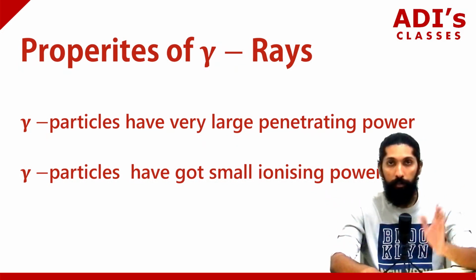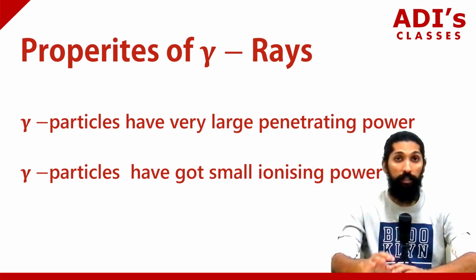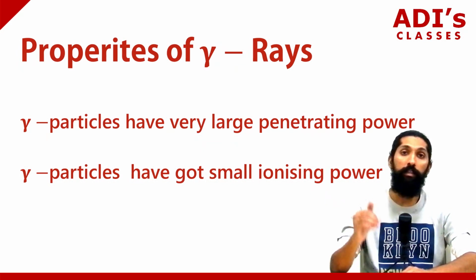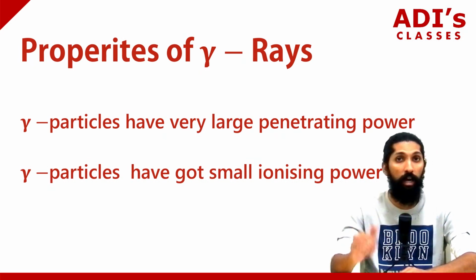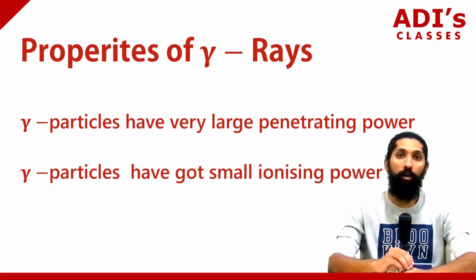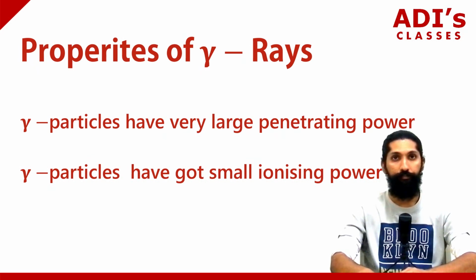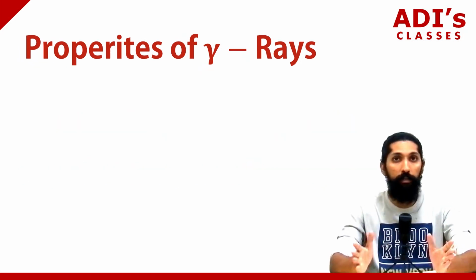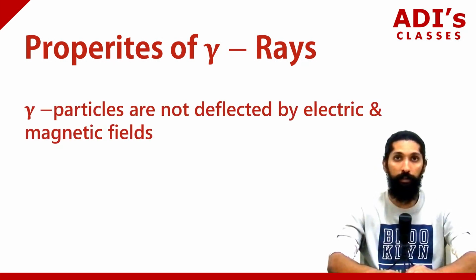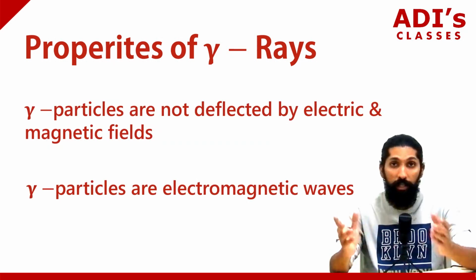Look at the properties of gamma rays. They have very high energy, correct? They have the highest penetrating power and the least ionizing power. They do not ionize at all. Look at the next one. They are not affected by electric and magnetic fields. It's not possible at all because they're EM waves.